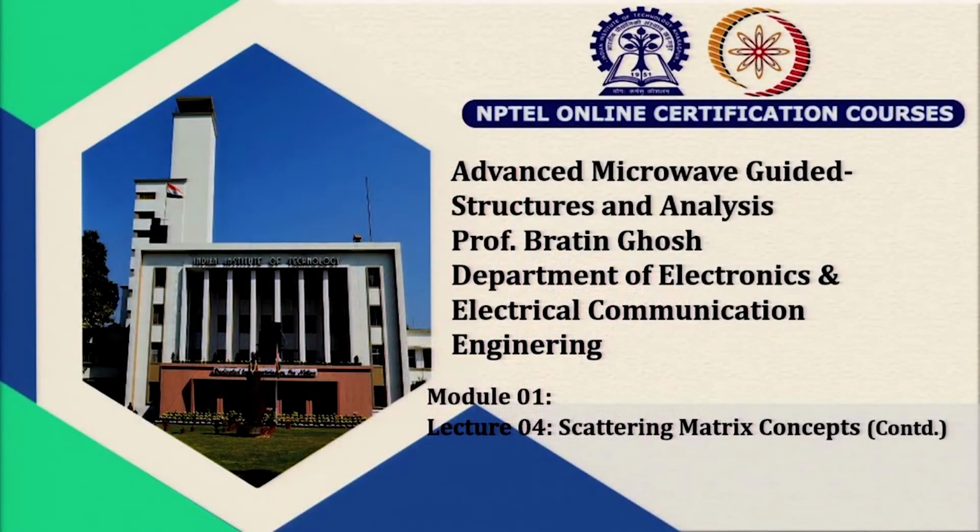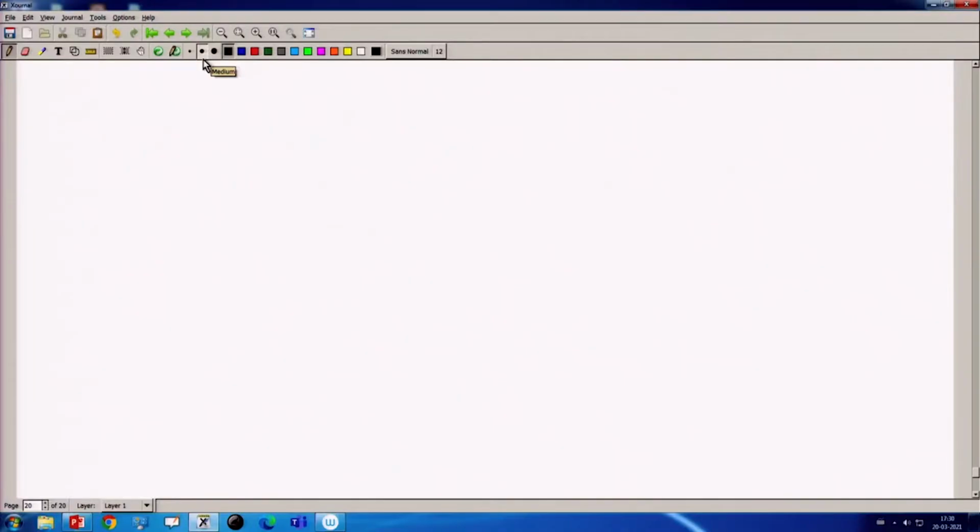So, welcome back to the scattering matrix concepts. In this session, we will investigate the scattering matrix parameters for elements like the shunt element and the series elements. So, let us begin with the shunt element.